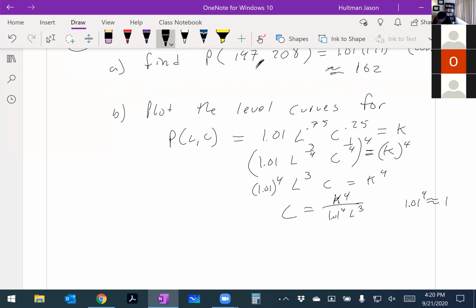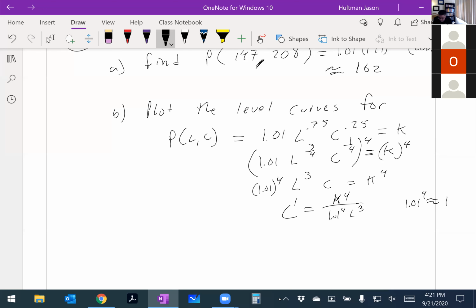Okay, but we can kind of see that if you take 4 K's, multiply them together, and divide by 3 L's, you end up with 1 C, right?